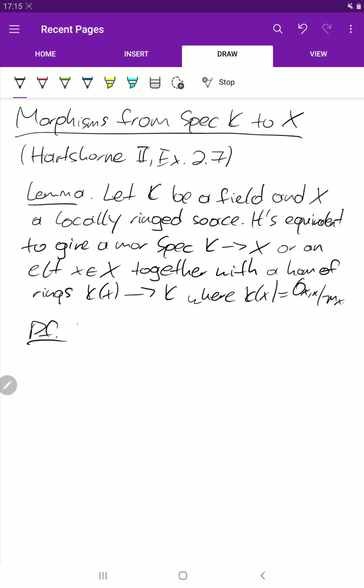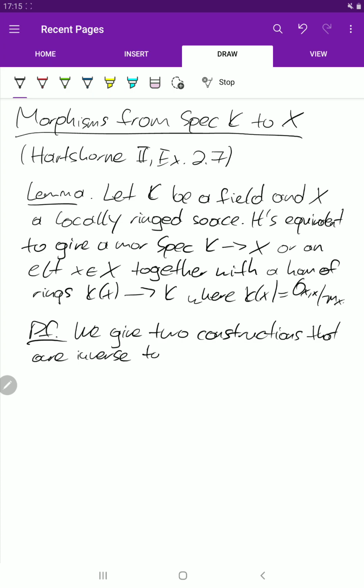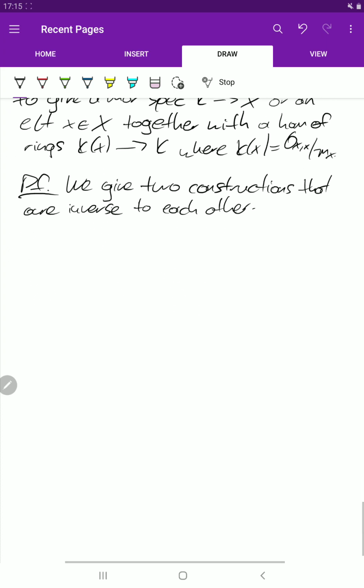So for the proof, we give two constructions that are inverse to each other, and once we've given them, it's easy to see that they are inverse to each other. Okay, we start with an observation.